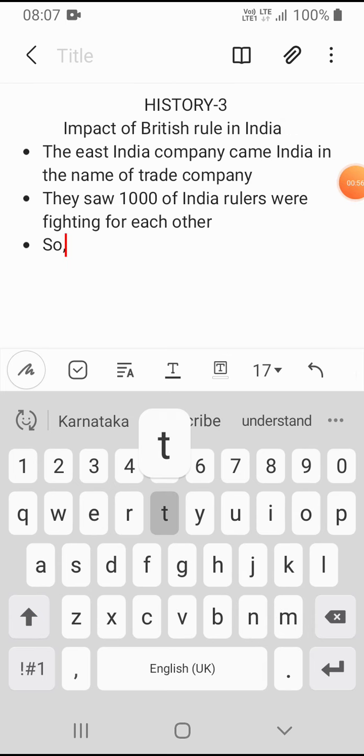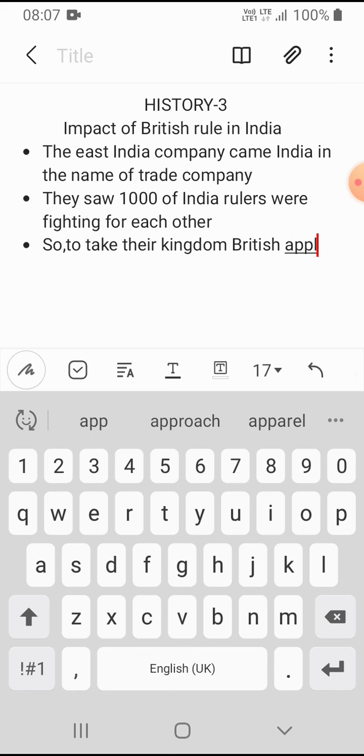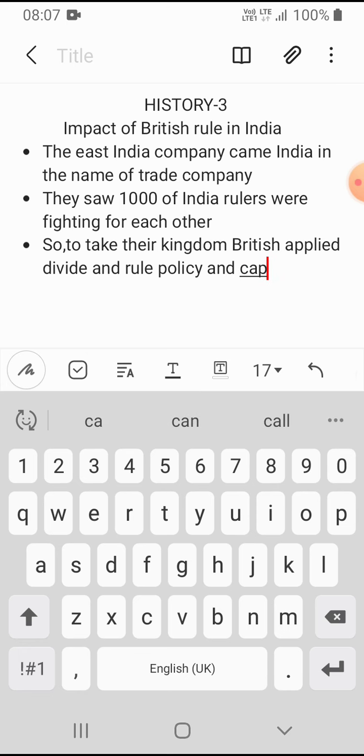So to take their kingdoms, the British applied the divide and rule policy, and captured many kingdoms.